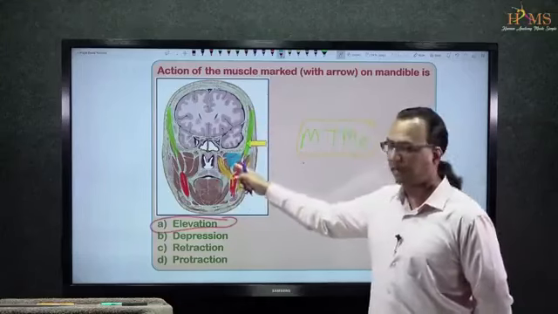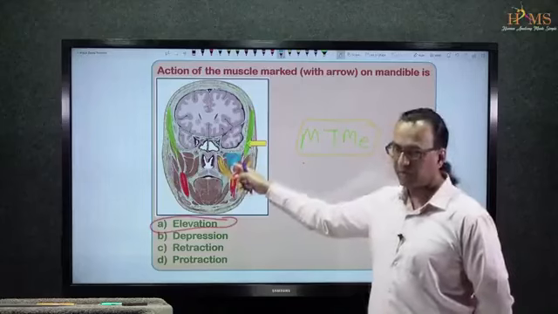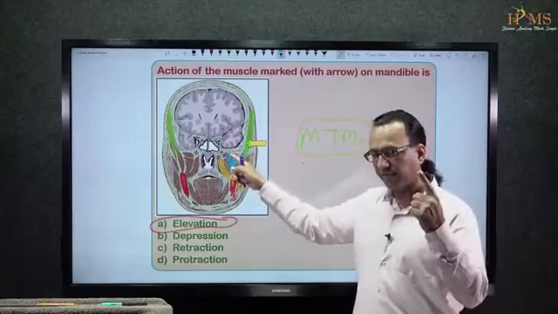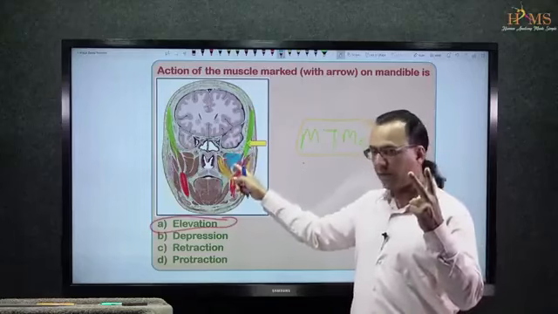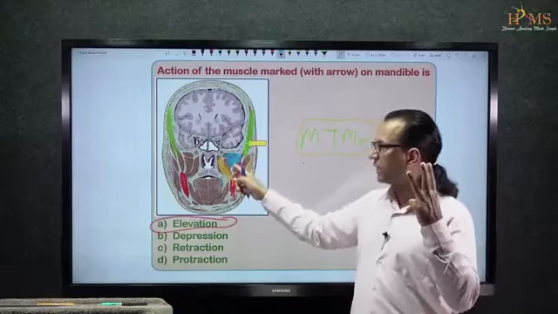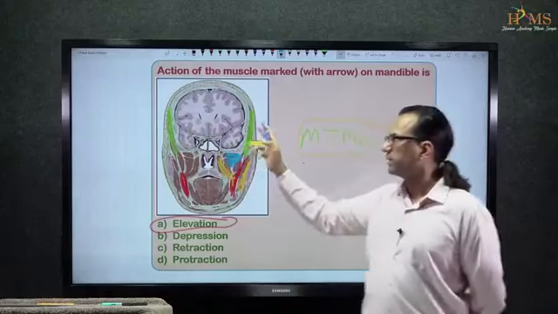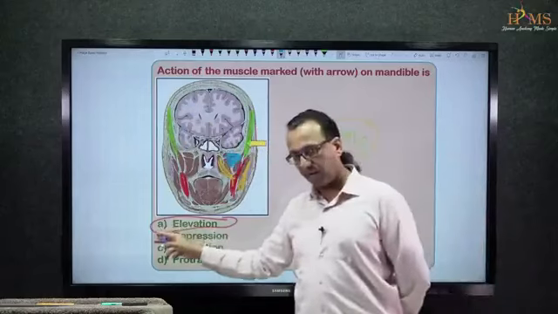Opening the mouth is done by the lateral pterygoid, a depressor of mandible. It can help us open the mouth along with 2 more muscles, the anterior belly of digastric and mylohyoid. So we will keep our answer attaching to the temporal bone, temporalis muscle, for elevating the mandible.